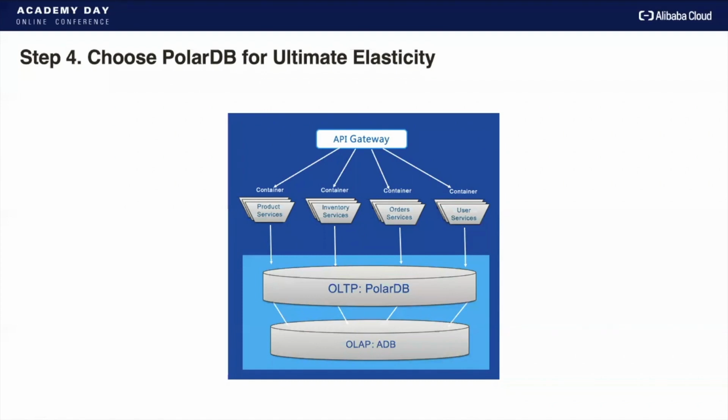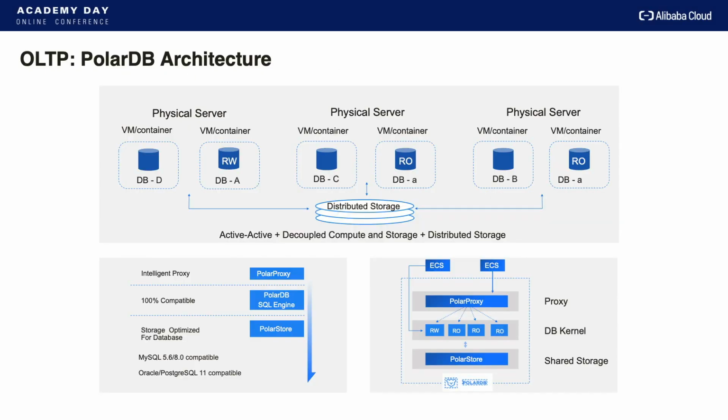You don't have to make a prediction or projection of how many underlying resources you need for each of your databases. I just point all my services to the cloud native PolarDB, and it'll scale up and down and in and out according to my workload. So you can fully take advantage of the ultimate elasticity in the cloud.